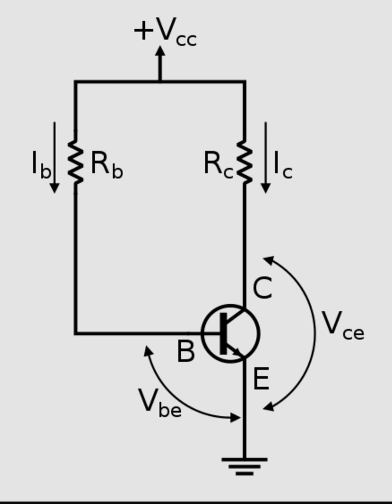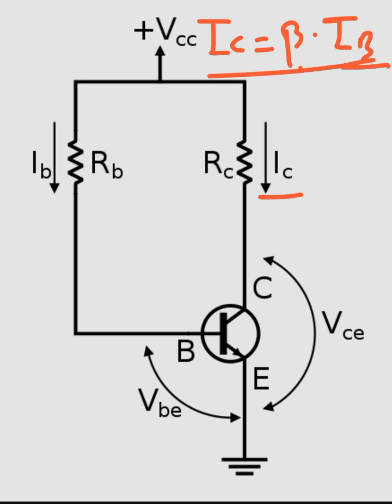There are two drawbacks. The first one: when the temperature rises, let's say this circuit is operating not at room temperature but at a higher temperature, the collector current will go up. Since the collector current is related to the base current of the transistor by the equation as shown, which is beta times IB, and IB would therefore be IC divided by beta, if the collector current rises, the base current also rises because of the transistor equation.